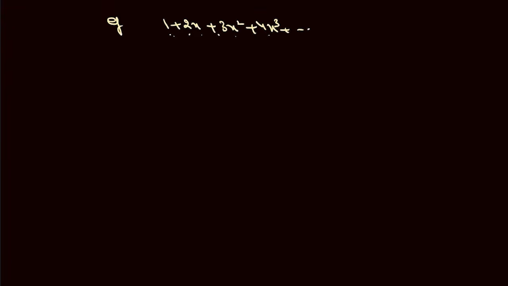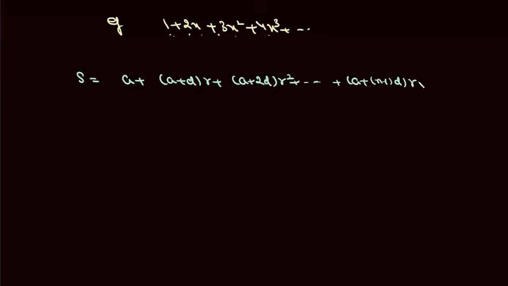Now we'll see how to find the sum of an AGP. To find the sum of an AGP, we'll basically use the same method which we have used for a geometric progression. We'll take this sum as S and write it as A plus (A plus d)r, (A plus 2d)r square, up to (A plus n minus 1 d) into R to the power n minus 1.